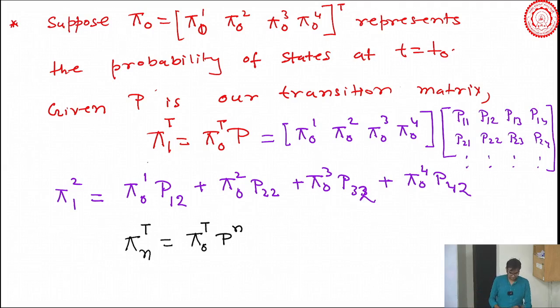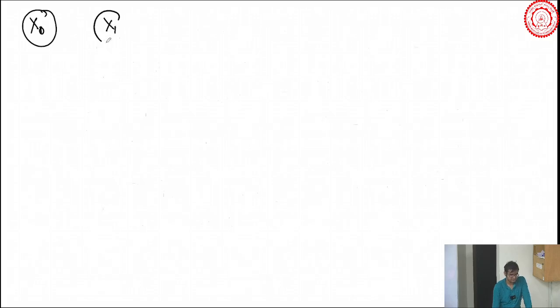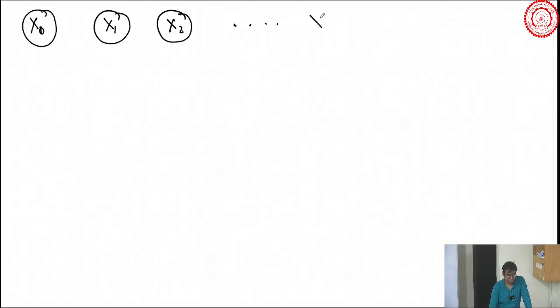Let me write it down. So first let me draw it. The Markov chain will look something like this. X0, this is your variable at t0. X1. Did you notice something? When I was writing S, I was using a square box, right?